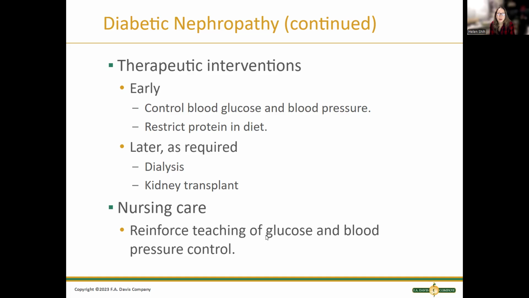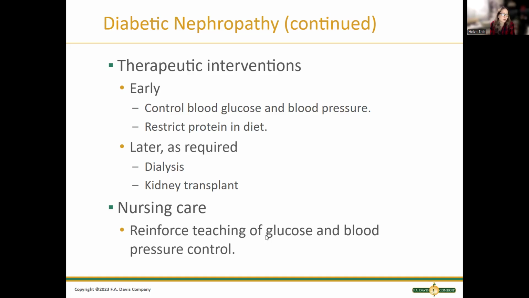With diabetic nephropathy, the holes of the glomerulus become wider as a result of damage to the nephrons. And so therefore, the holes then become wide enough for plasma protein to leak into the nephrons instead of staying within the blood vessels.